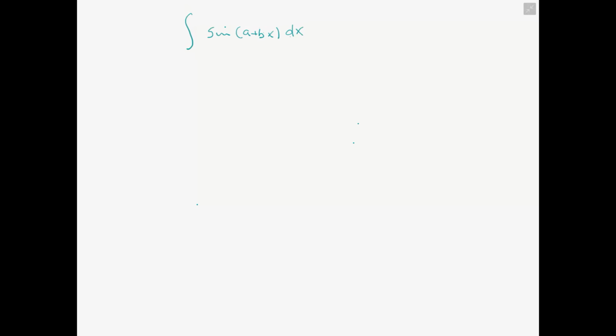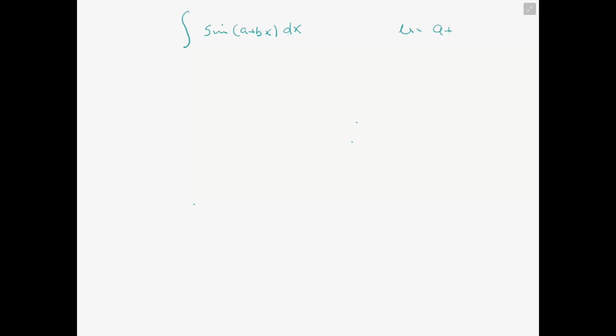And so, you know, it's interesting. We could use the double angle formula for this problem, which would be kind of strange.